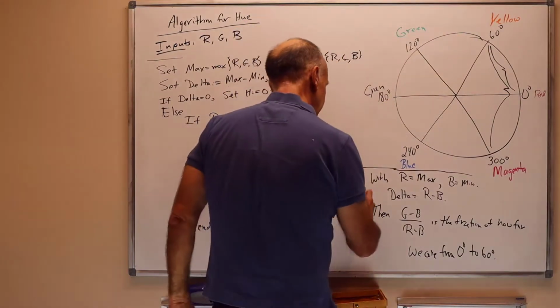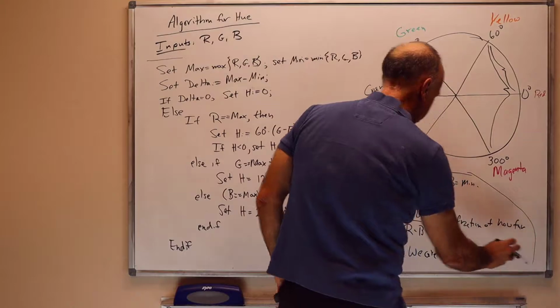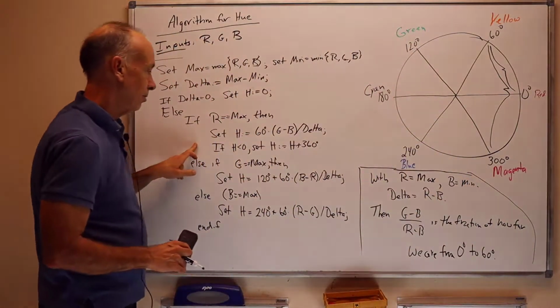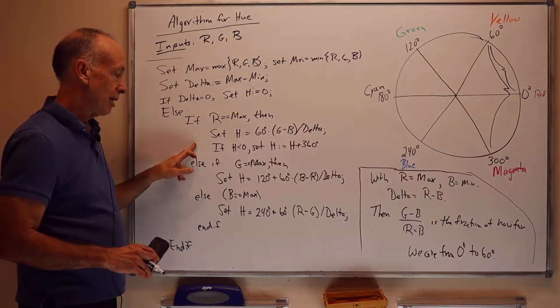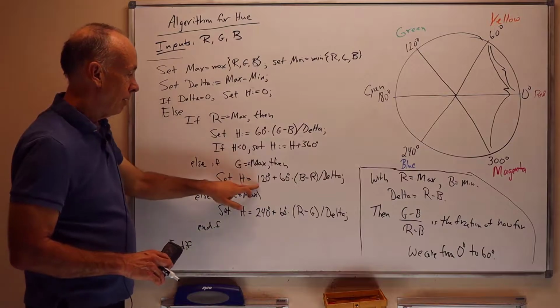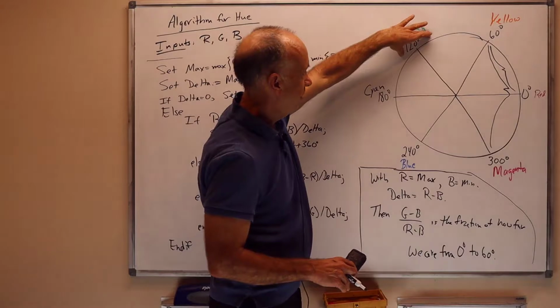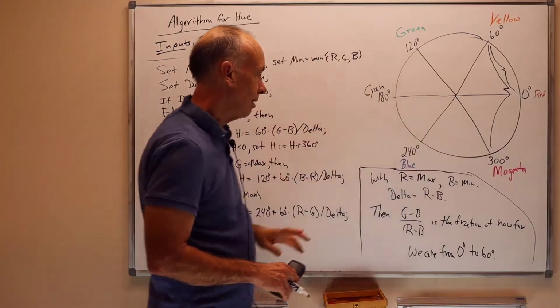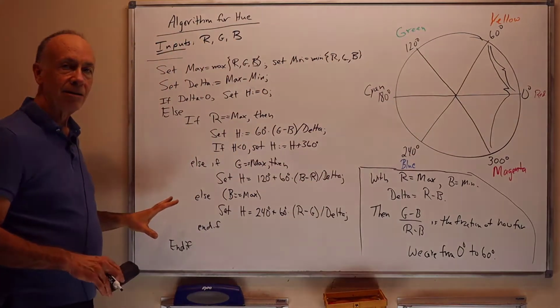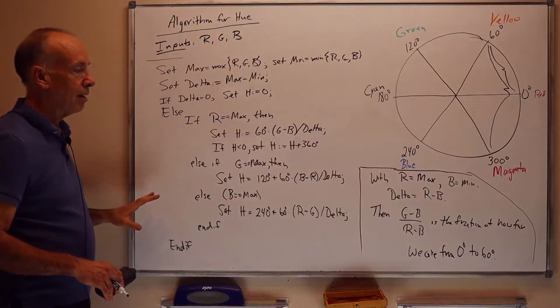So this explains, at least for 1/6 of the circle, how these formulas work. The other parts all work the same. The 120 degrees plus and the 240 degrees plus just serves to center us around the green and the blue, and otherwise the idea behind the calculation is exactly the same.